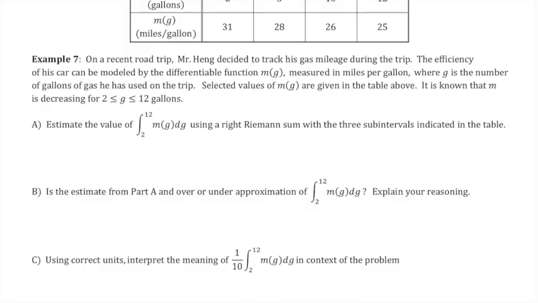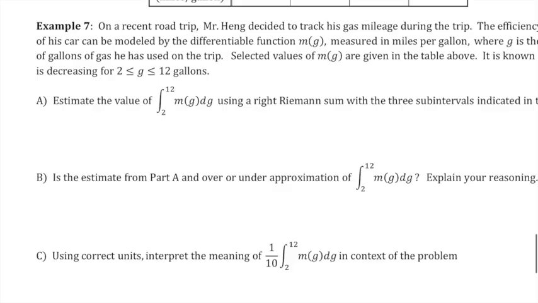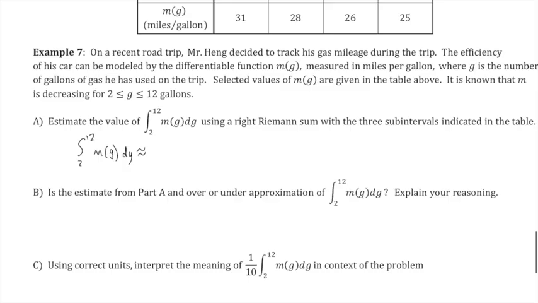Okay, so part A, estimate the integral from 2 to 12 of m of g dg using a right Riemann sum and 3 subintervals. So I'm not going to draw this anymore, but we will explain it. Using 3 subintervals, there's my 1, there's my 2, and then it's my 3.